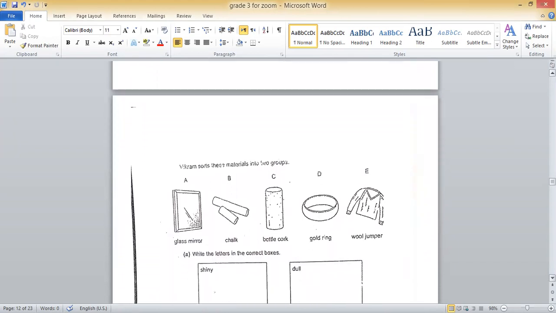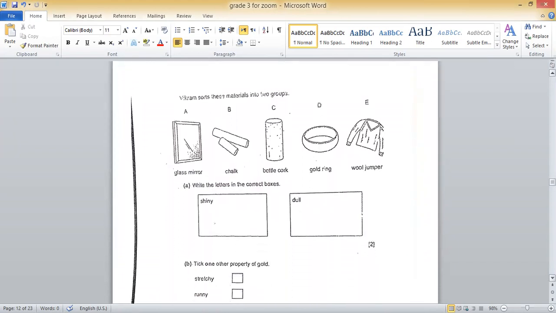Vikram sorts these materials into two groups. A, glass mirror. B, chalk. C, bottle cork. D, gold ring. E, wool jumper. Write the letters in the correct box. Which of them is shiny and which of them is dull?